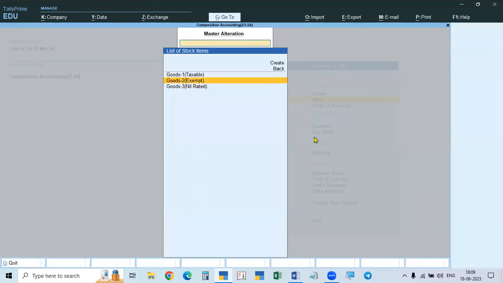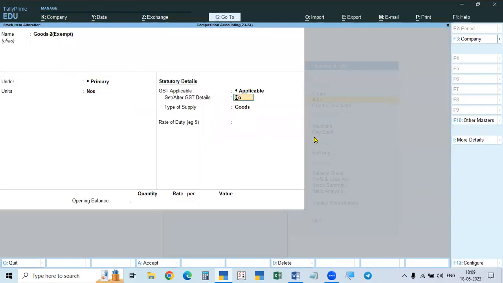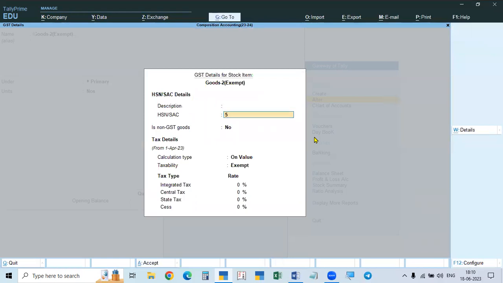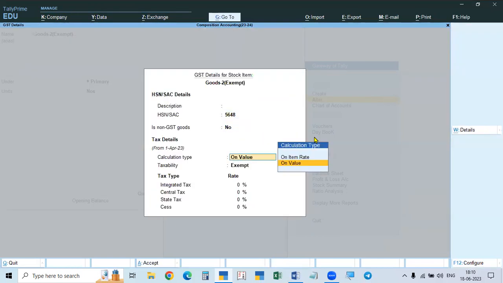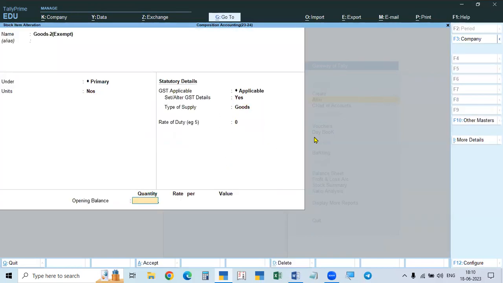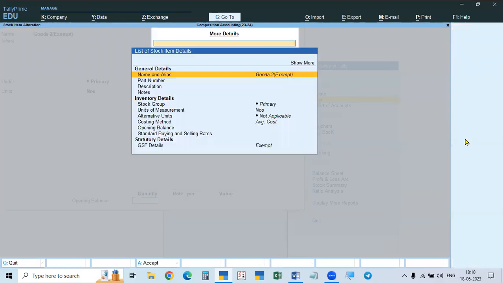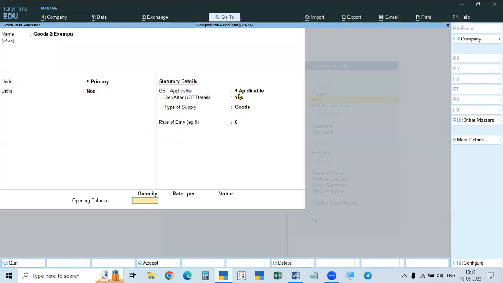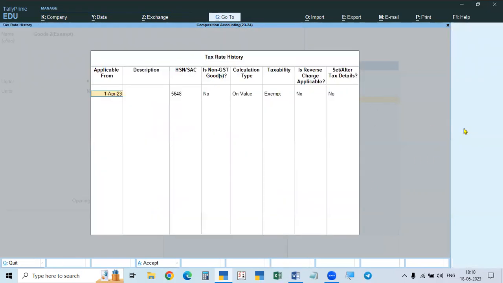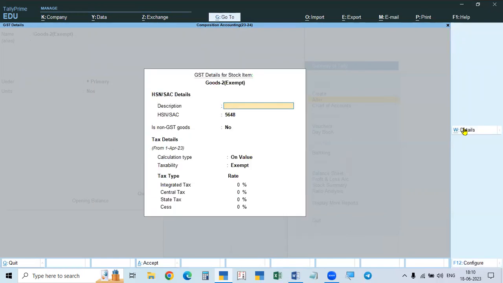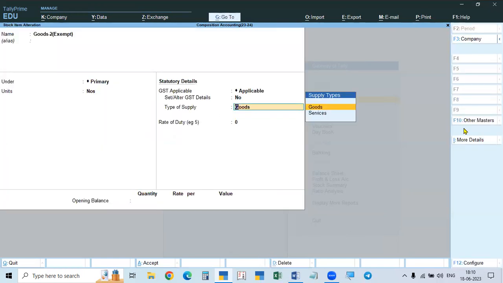Okay, like this, the example I have given. So like this, we have to create.